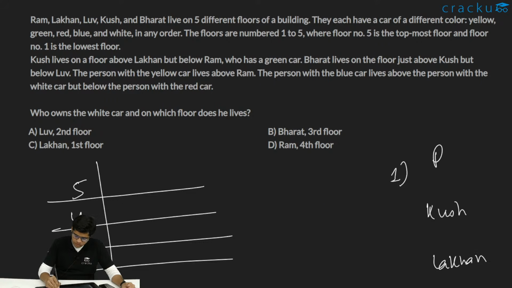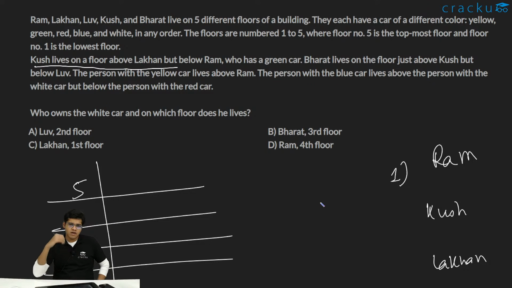and below Ram. Now when it is told like this, we will assume that in between Ram and Kush there might be more than one floor, right? Because it is told that Kush lives on a floor above Lakhan, not that Kush is living immediately above Lakhan.